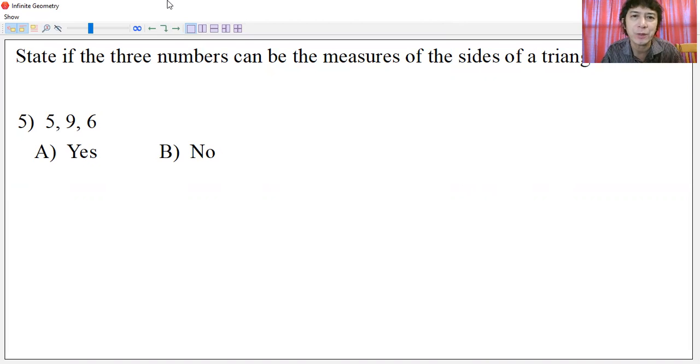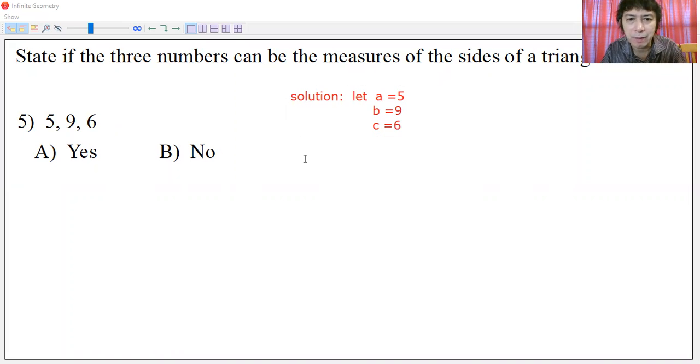Just remember the theorem. We let A be equal to 5, B equal to 9, and C equal to 6.